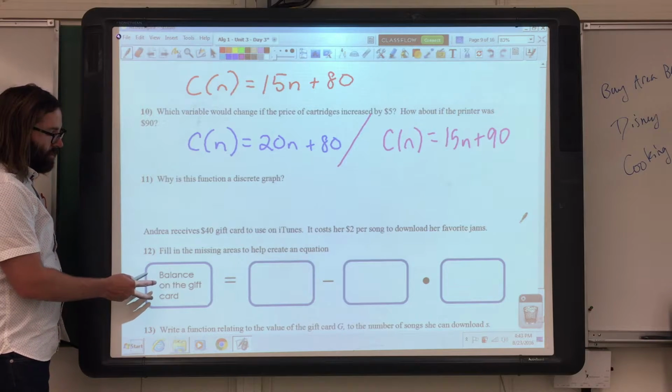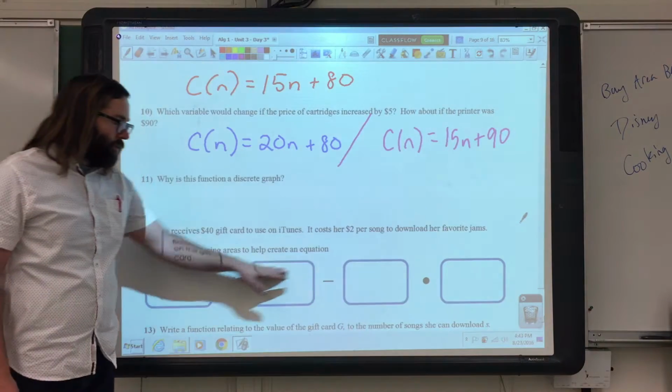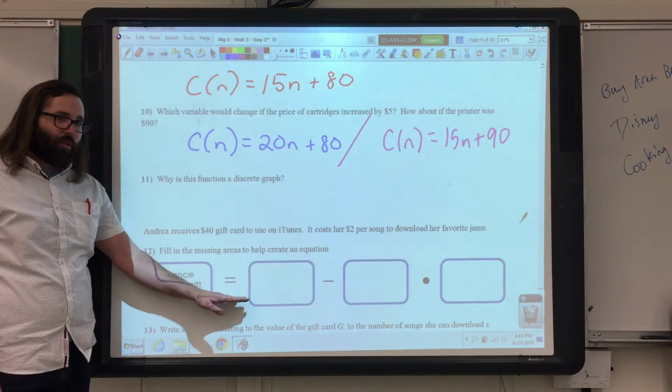Okay, so you guys, in your groups, try number 12. It's making the equation, graphing it, all that stuff. Try this for a couple minutes.